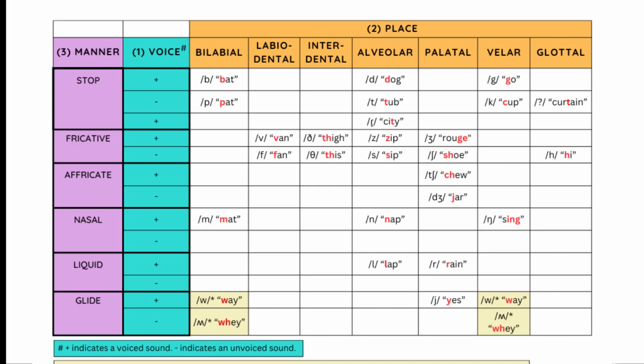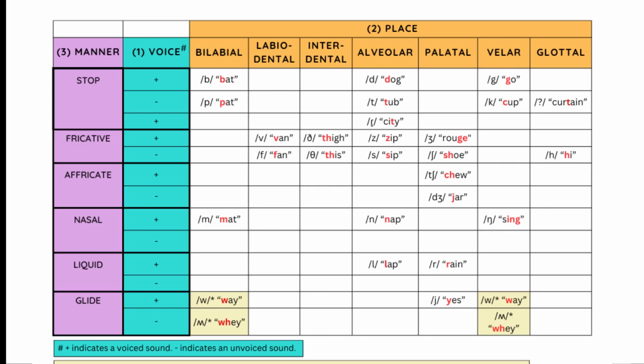If I were to describe this b sound, I'm going to call it a voiced. If there's a plus in the column under voice, that means voice is on. If there's a minus, that means voice is off. So for the b, voice is on, so I'm going to call it a voiced. Number 1, we first start with voicing. Place is bilabial.